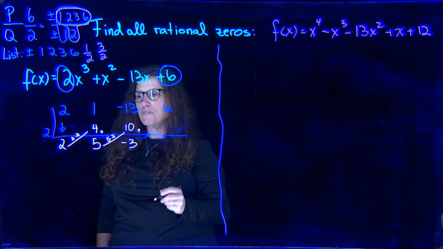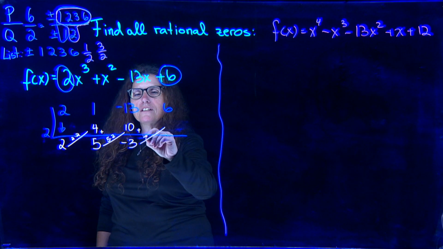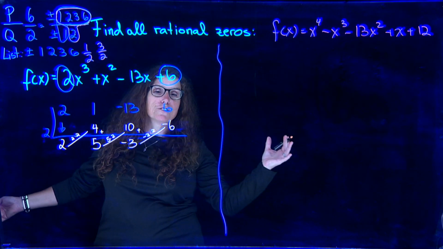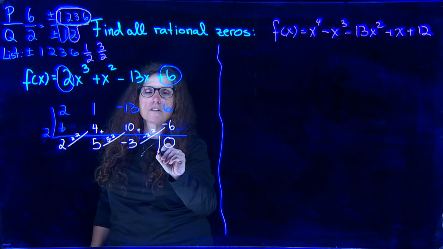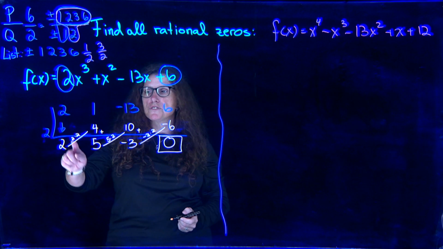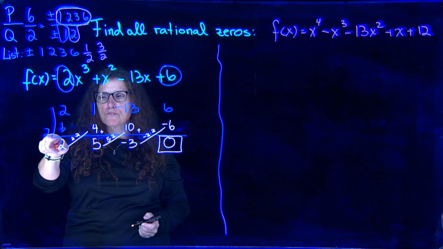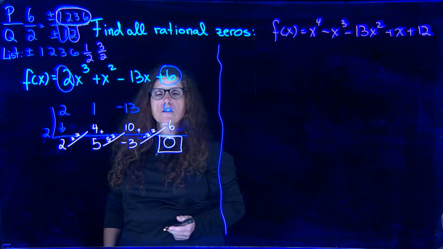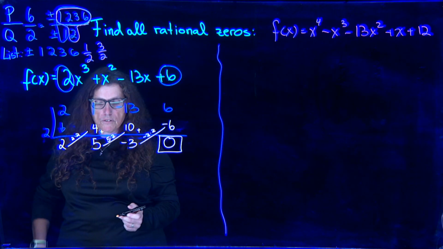Yes, negative 3. Negative 3 times 2 is a negative 6. Oh, how did I know that? Oh, surprise, surprise. Here you go. You just found your first 0. That is where the graph crosses the x-axis. It's crossing at 2. Because our remainder is 0.